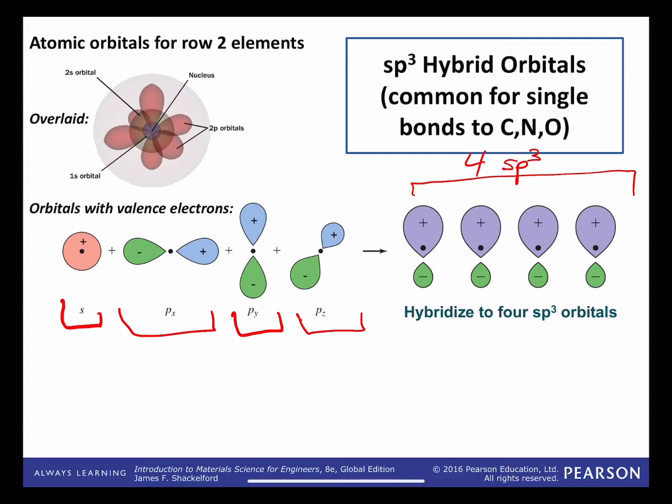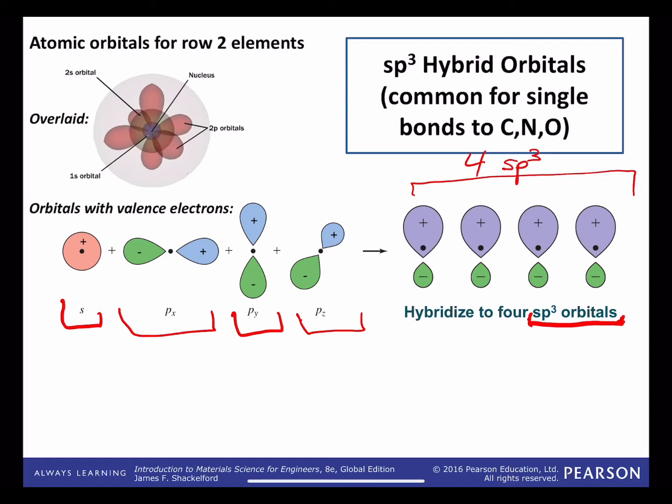These new sp3 orbitals look like offset or asymmetric p orbitals. Notice that the positive phase of the 3-dimensional wave in these hybridized orbitals is larger than the negative phase. So that is, the purple lobe is larger than the negative lobe.